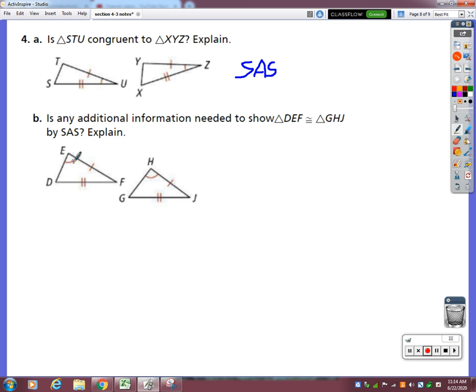Yes, because this angle that we know is not in between these two sides. They want us to do specifically by side, angle, side, so we would need to know that angle F and angle J are congruent in order to use side, angle, side. This doesn't help us because it's not in between the two sides.